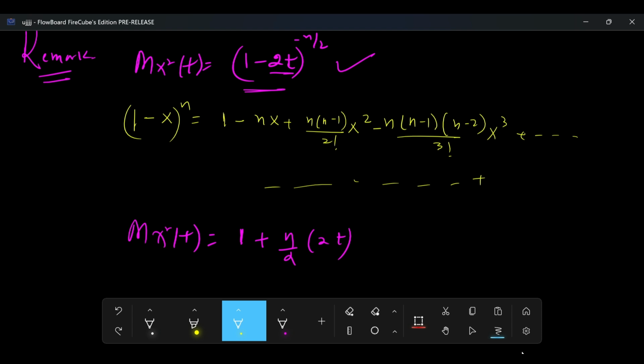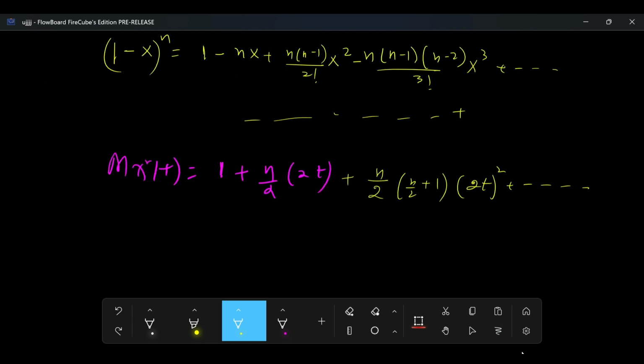So minus n by 2 and minus will be positive. That's 1 plus n by 2 times 2t plus n by 2 times n by 2 plus 1 times 2t squared, up to and so on.